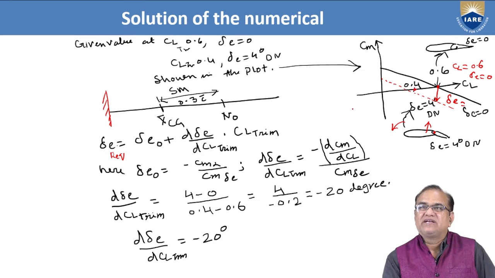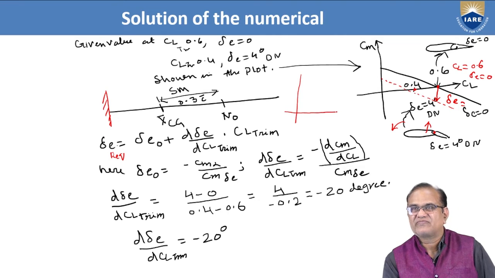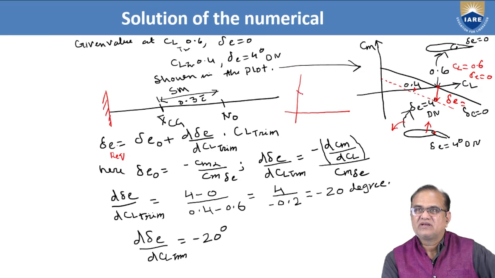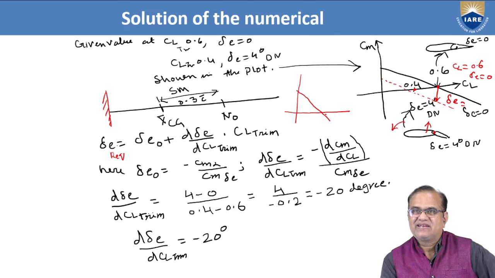Okay, so you can see here what this means. This is the d delta E by dCL trim.